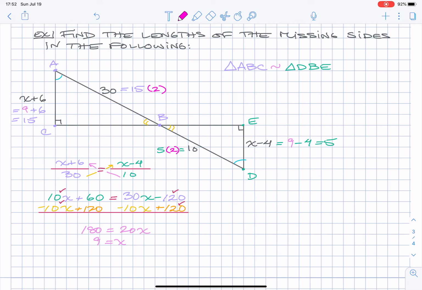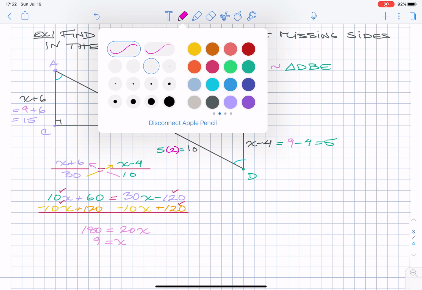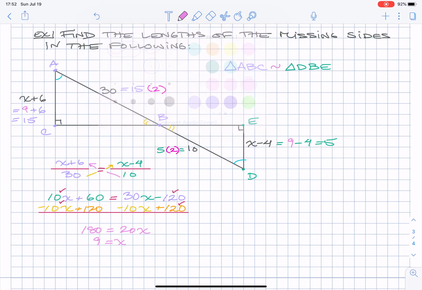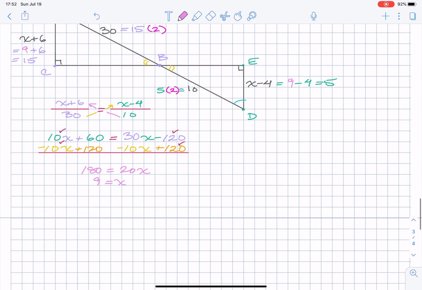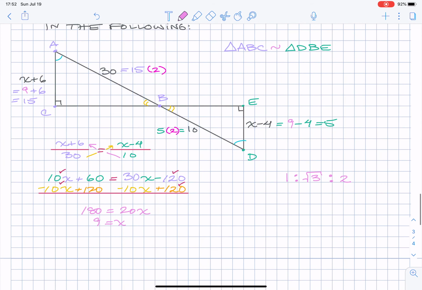So if the hypotenuse is twice the smaller side, we know that in a 30, 60, 90 right triangle, the ratios are 1 to root 3 to 2. Hypotenuse is twice the small side. So I can find the remaining sides from there. Let me copy and paste this.